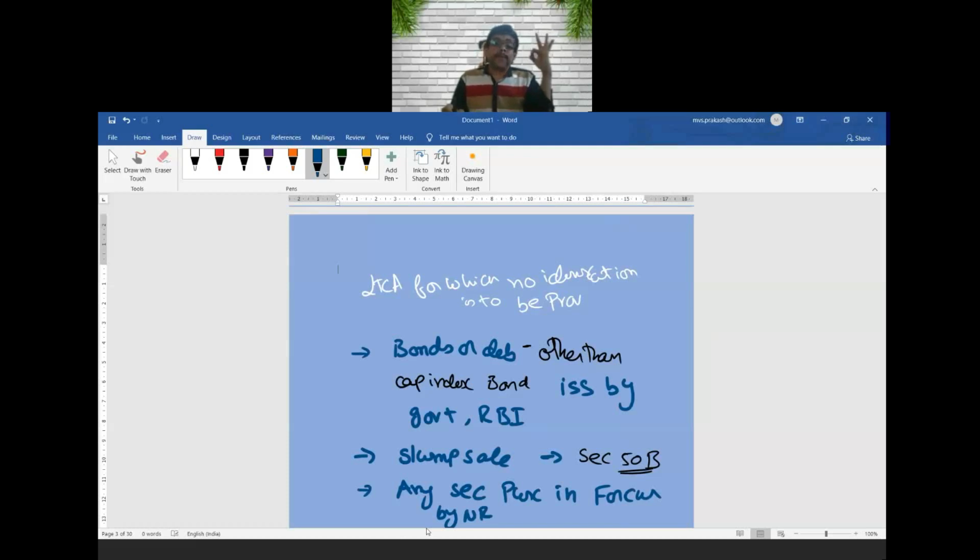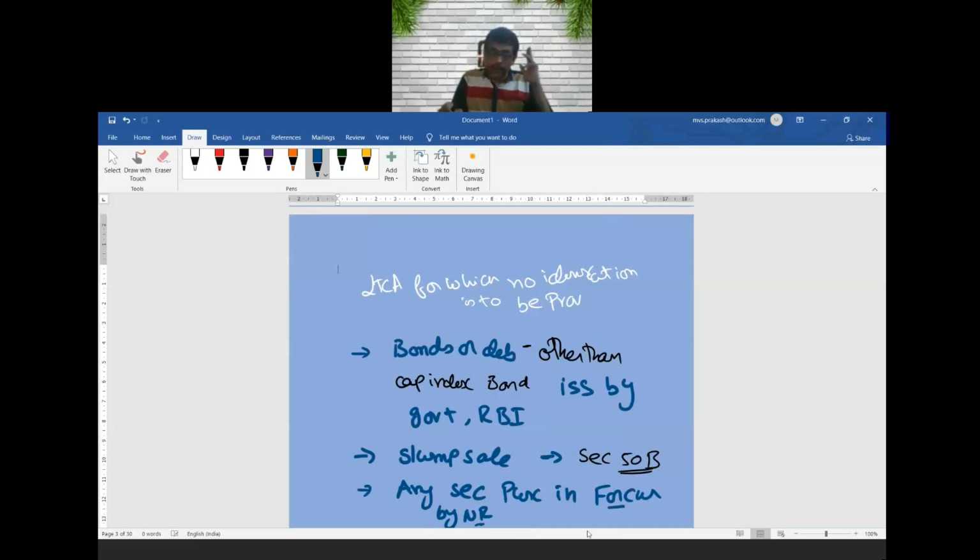By a non-resident, and the shares are purchased in foreign currency, then even though the shares are held for a period of more than 12 months, we will not provide any sort of indexation. Why? Those shares are sold by a non-resident, in foreign currency.